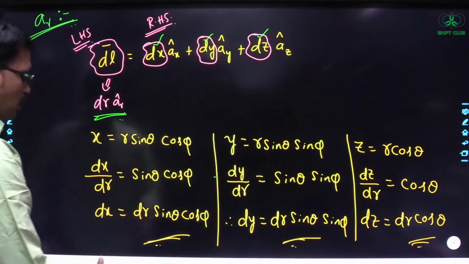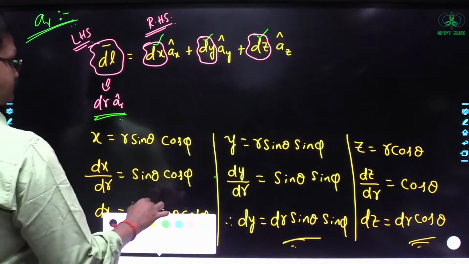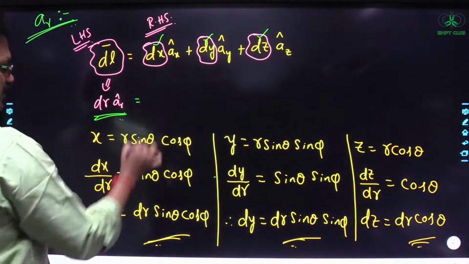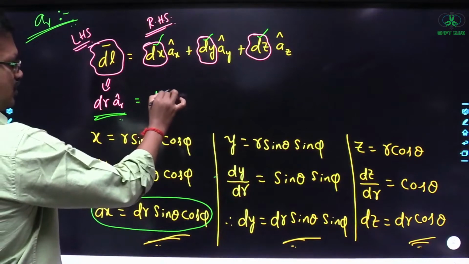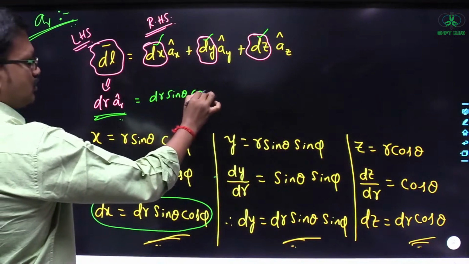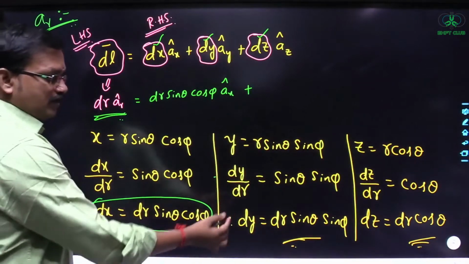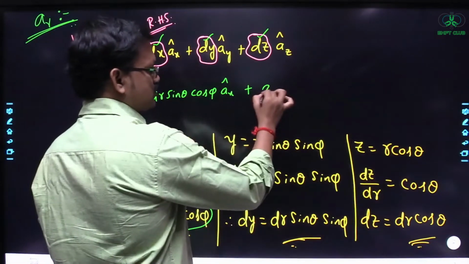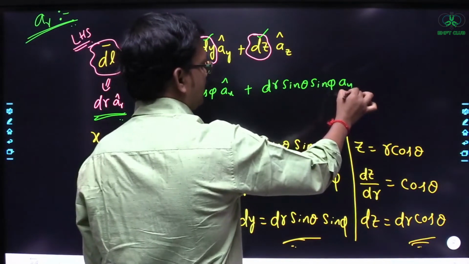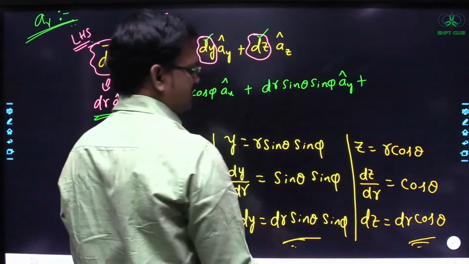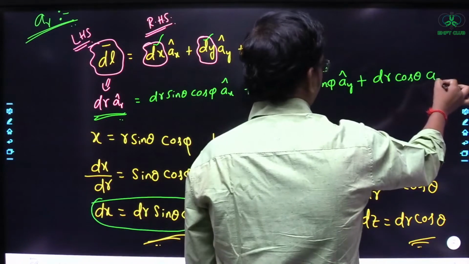So dx is nothing but dr sin theta cos phi, so dr sin theta cos phi ax cap, plus dy, which is dr sin theta sin phi, so dr sin theta sin phi ay cap, plus dz, which is dr cos theta az cap.